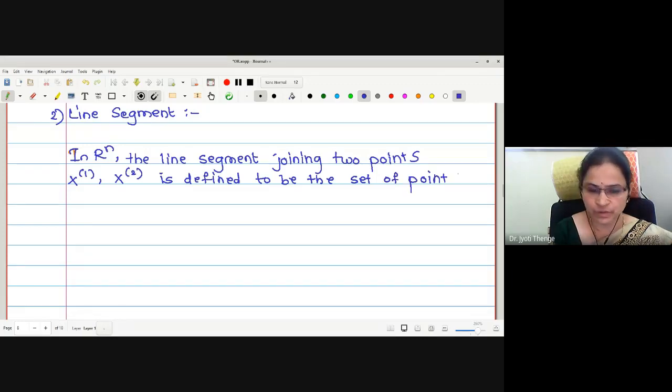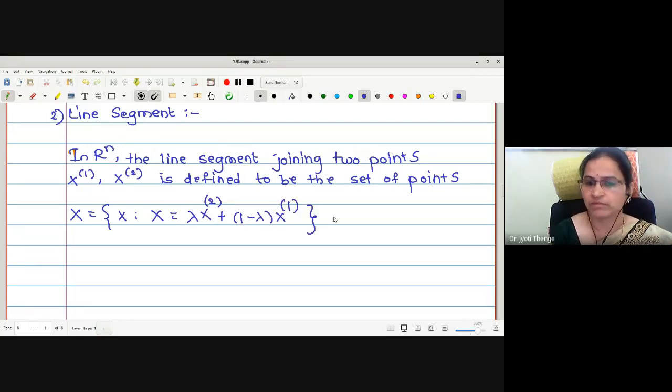What kind of set is it? Again, the set is called X, where the point x is given as x is equal to lambda x2 plus 1 minus lambda x1, for 0 less than or equal to lambda less than or equal to 1.